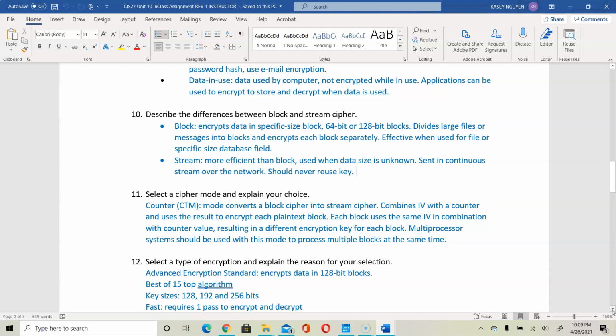As we know, we would have multiprocessors in systems and servers, so this can be implemented with multiprocessor type systems to process multiple blocks at the same time.